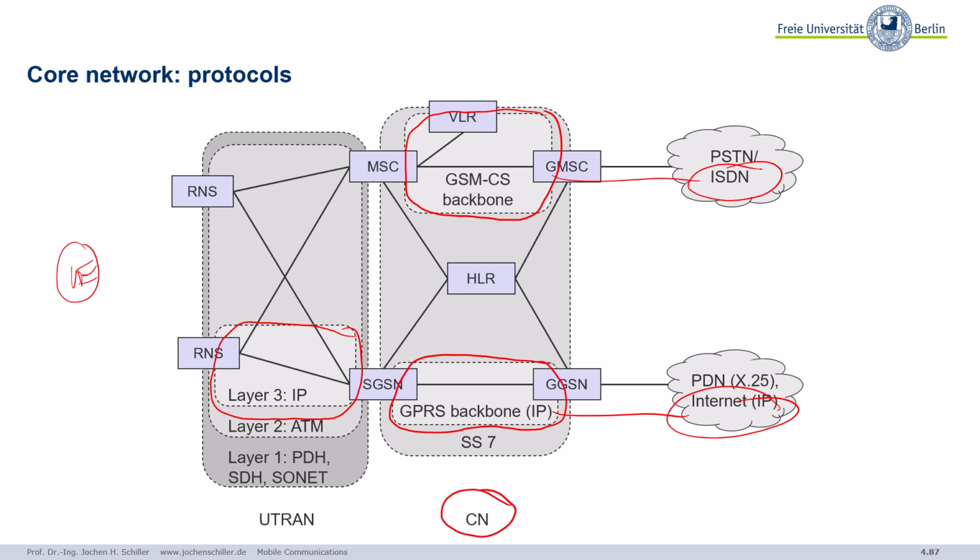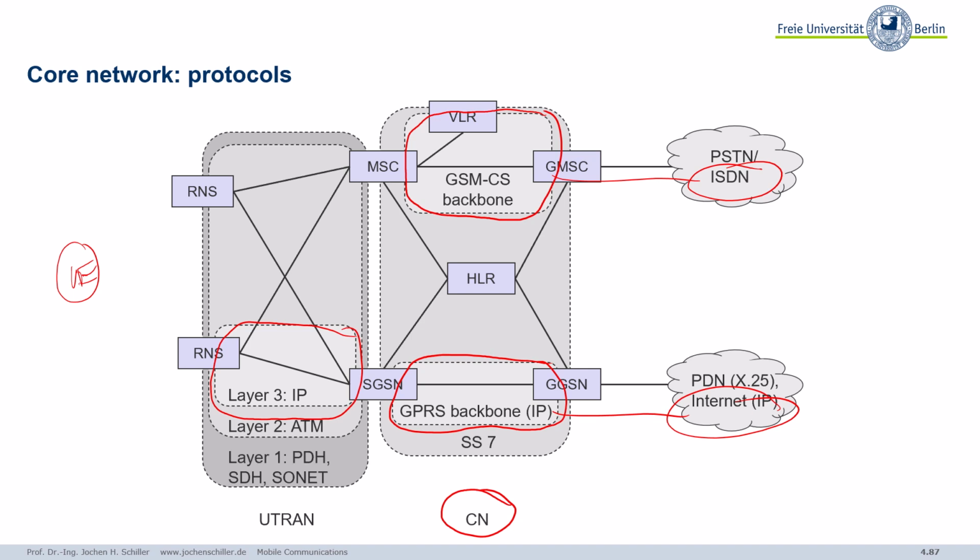ATM was a big hype in the early to mid-90s, and this was roughly the time when 3GPP also standardized UMTS. Maybe today they would pick something else, as we'll see with LTE. But here we picked ATM. So you see the ATM, asynchronous transfer mode, as a layer 2 technology here. I will come back to this.